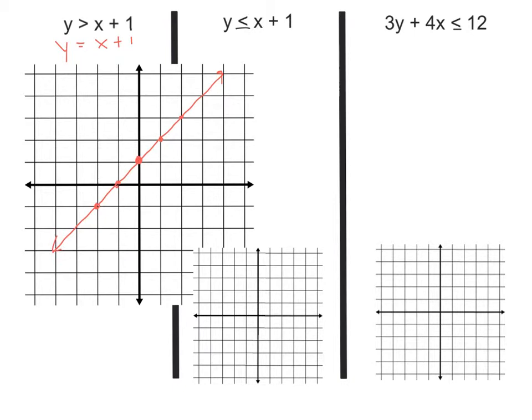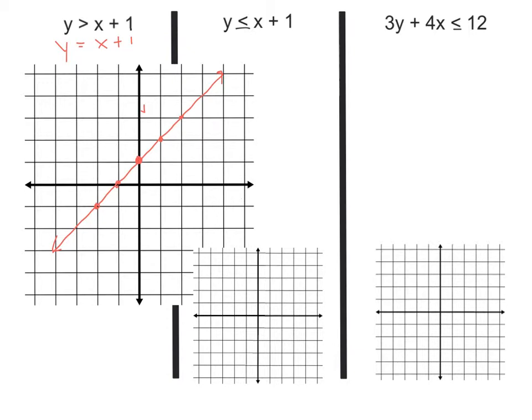But if I have y is greater than x plus 1, the solutions I would be graphing are the ordered pairs that work. Well, where are the ordered pairs? Here's an ordered pair, and here's an ordered pair. There are ordered pairs at every point on this coordinate plane. The question is, which ordered pairs are solutions for y is greater than x plus 1?